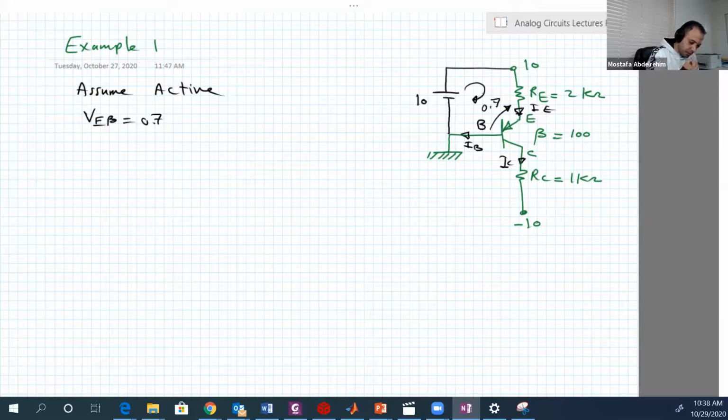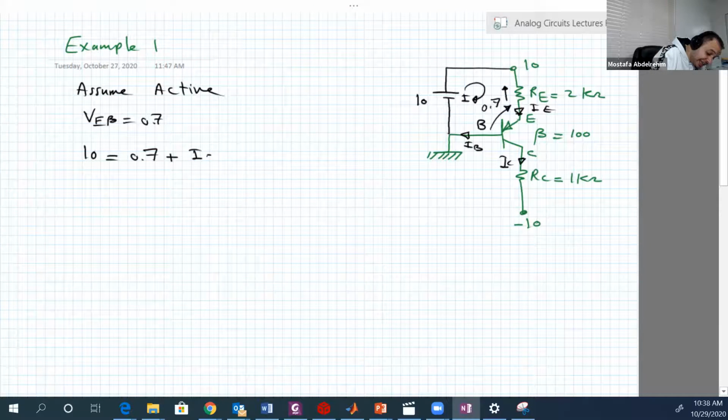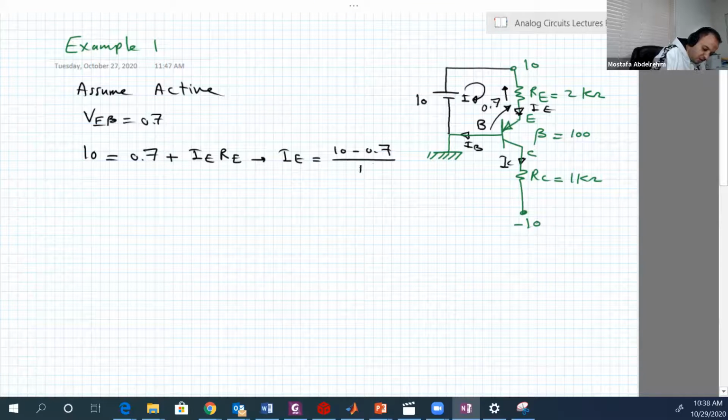From this loop, let's call it loop 1, you have 10 equal to 0.7 plus this voltage, which is IE RE. This equation has only one unknown, which is IE. So IE is equal to 10 minus 0.7 over RE, so IE is equal to 4.65 milliamperes.